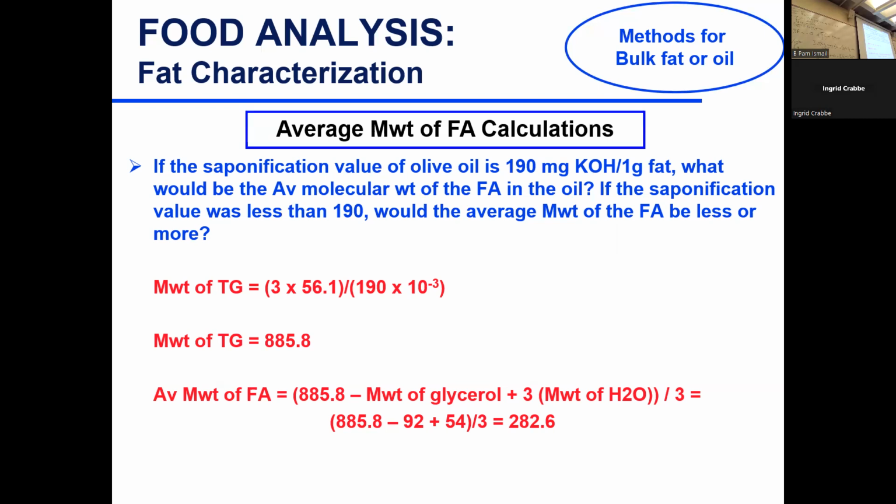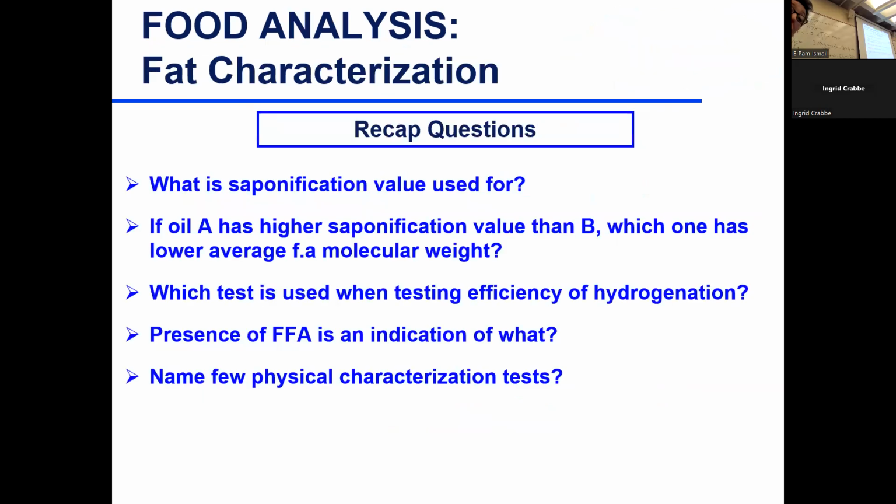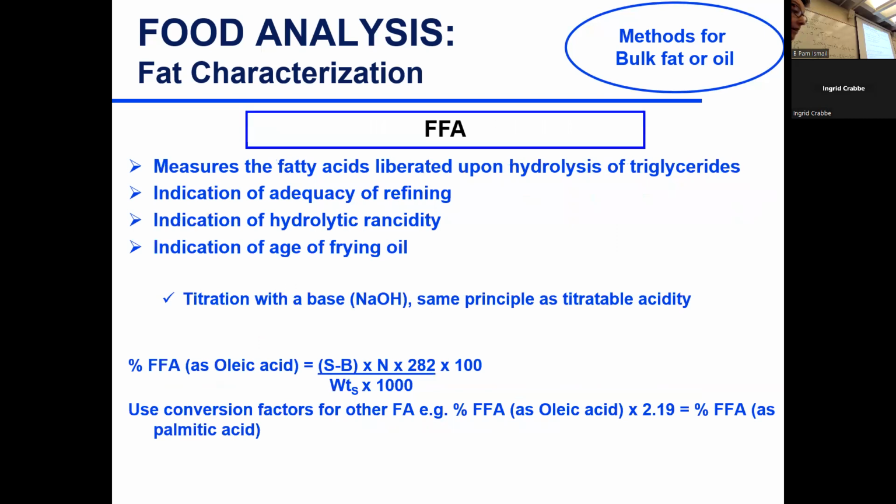Okay, good. So moving on. Oh, I'm a little ahead. Okay. So next thing that you did or will do on Wednesday in the lab is measuring free fatty acids. So what does that tell us?